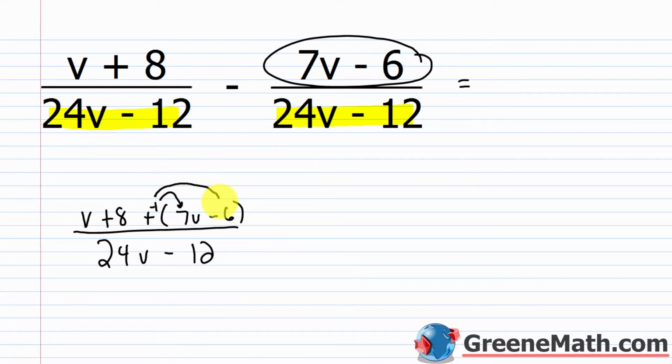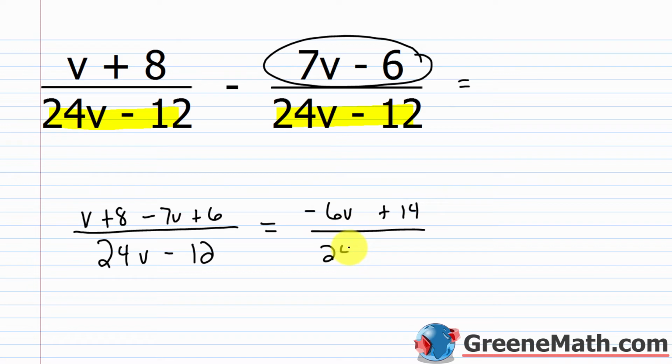And then negative 1 times negative 6 is plus 6. So any kind of way that you look at it, it's going to be minus 7v, and plus 6. Okay, so if we combine like terms, v minus 7v is negative 6v. And then 8 plus 6 is 14. So plus 14. This is over 24v minus 12.